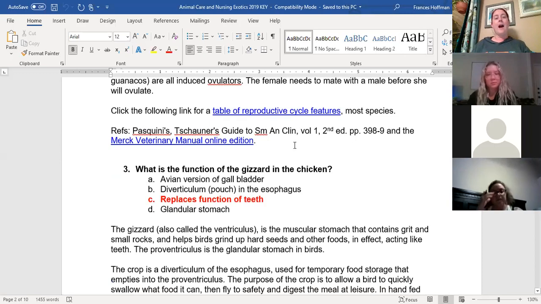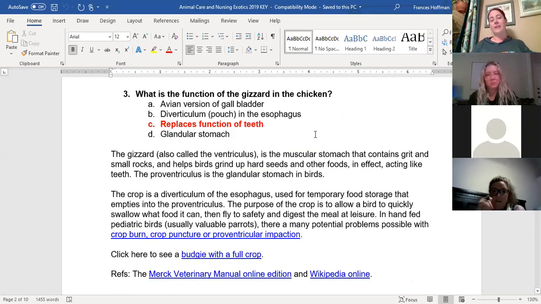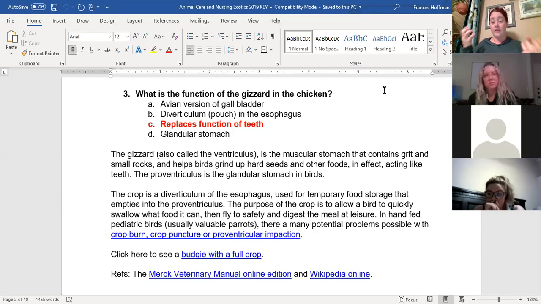Number 3, what is the function of the gizzard in the chicken? This is going to help us with the muscular digestion. It is going to replace the function of the teeth, because chickens have beaks, they do not have teeth. We have our ventriculus and our proventriculus. The ventriculus is going to be the gizzard, or the muscular stomach, which will help with our digestion.